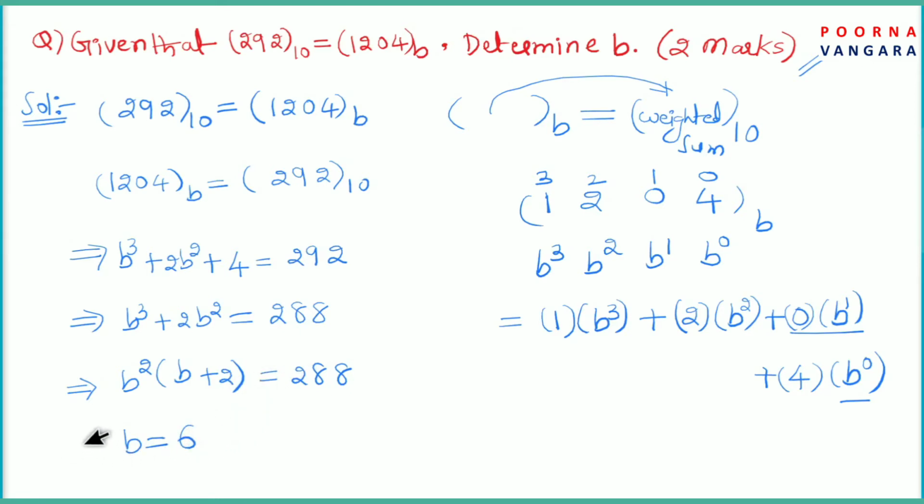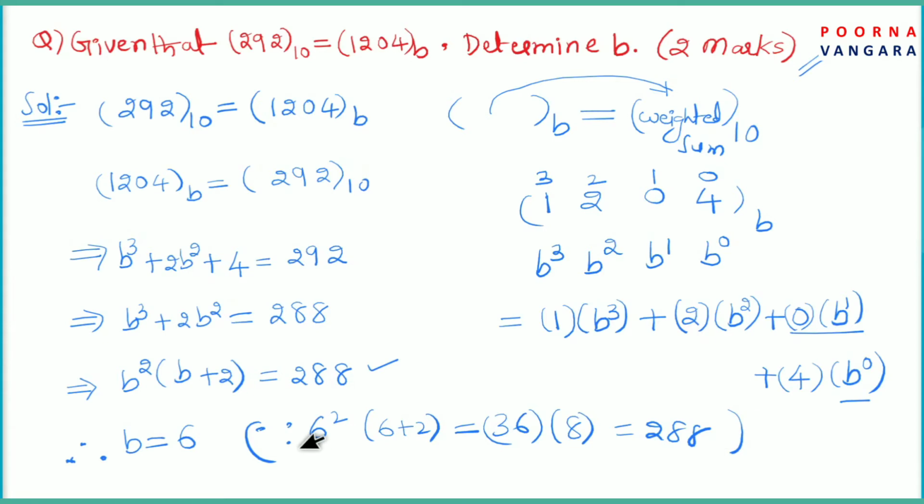So 6 is the answer because it is satisfying the expression, because B cube is nothing but 6 cube, and 2B square is 2 times 6 square. 6 square is 36, this will give 288, right?